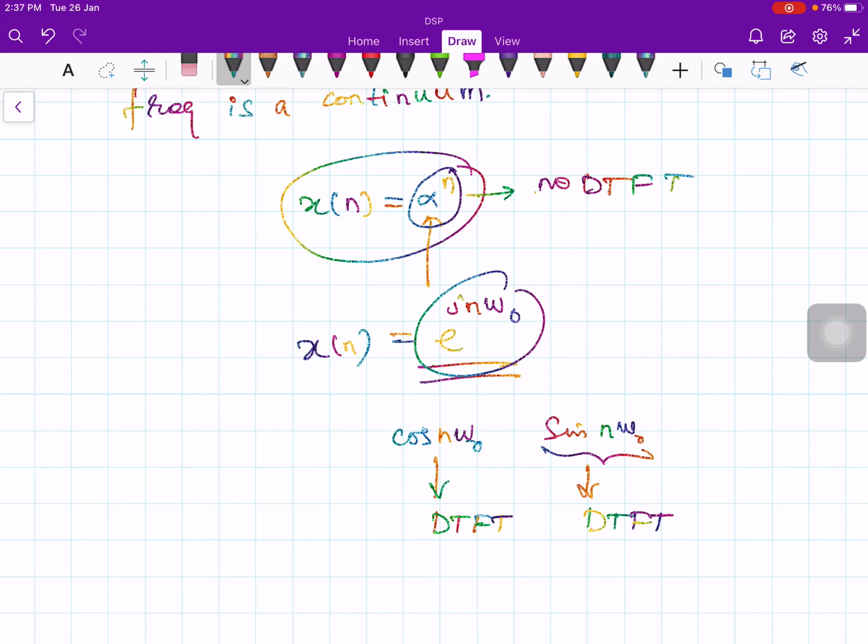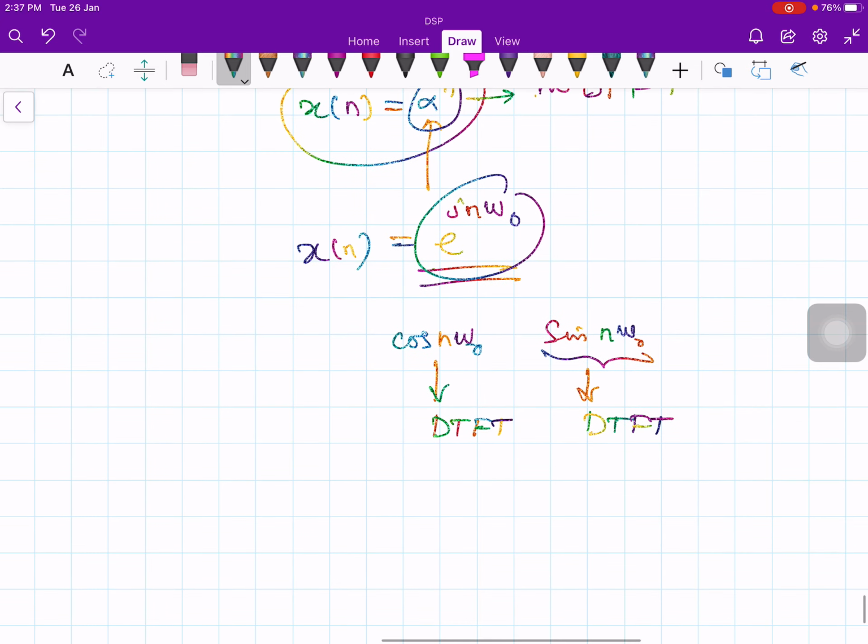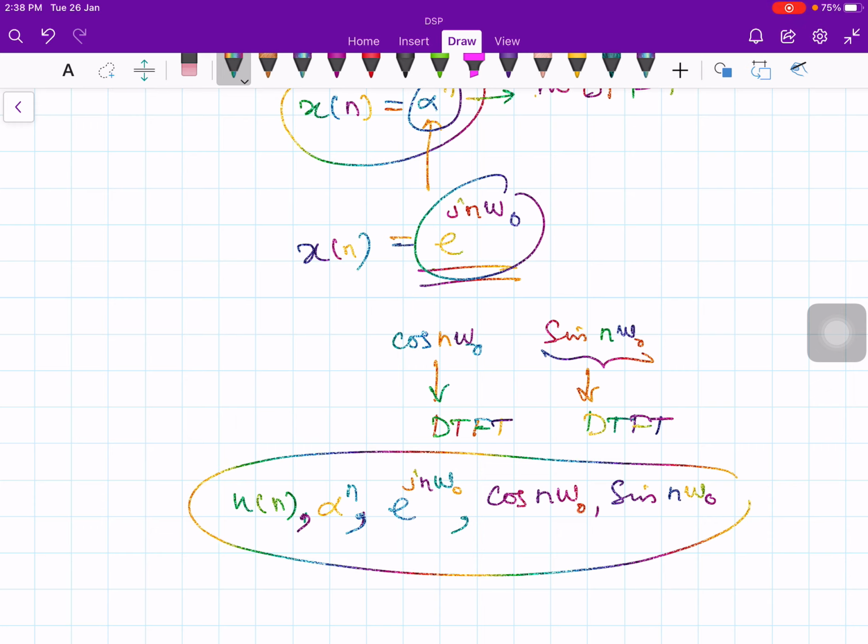So what I am saying is that for such functions like u of n, alpha to the n, e to the j n omega naught, cos n omega naught, sin n omega naught, these are the examples which are neither absolutely summable nor square summable.